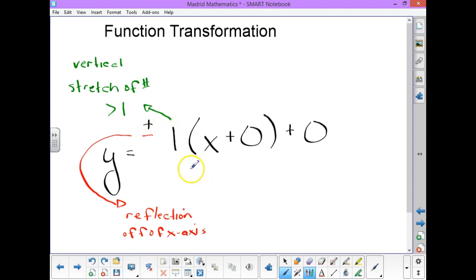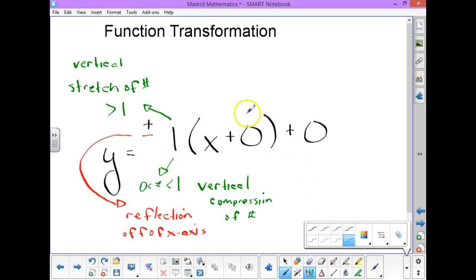If this number is smaller than 1 but bigger than 0, just a number, do not look at the negative sign, then you can say it's a vertical compression of whatever number is there.